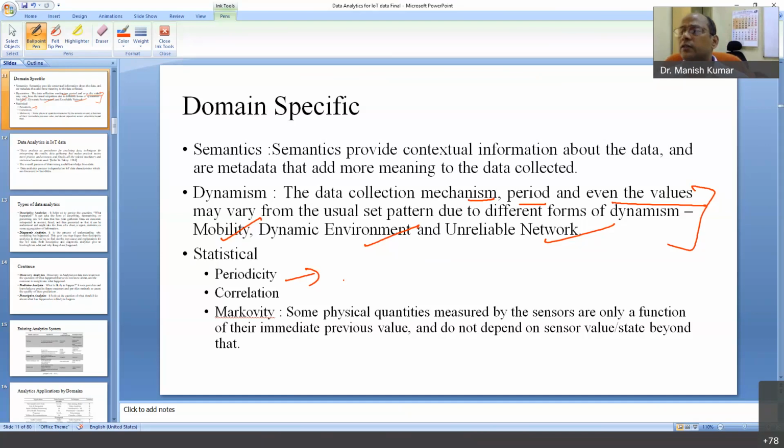Markovity, I think everybody is well aware of this. In some physical quantities measured by sensors, sometimes we find that the value is a function of the immediately previous value, and is not dependent on sensor values or states beyond that.